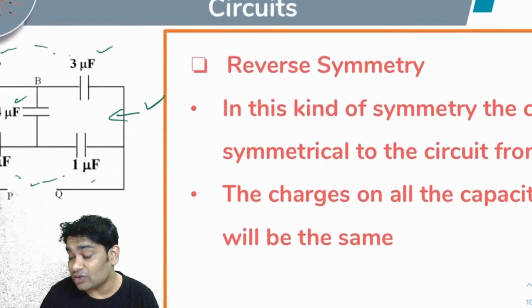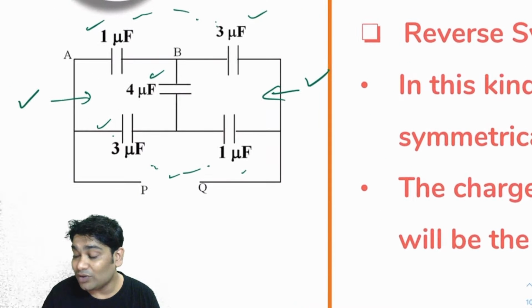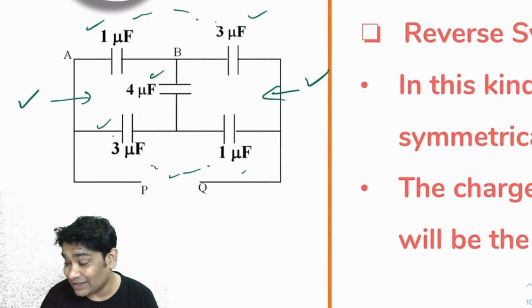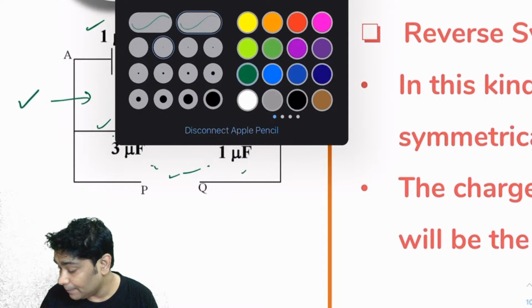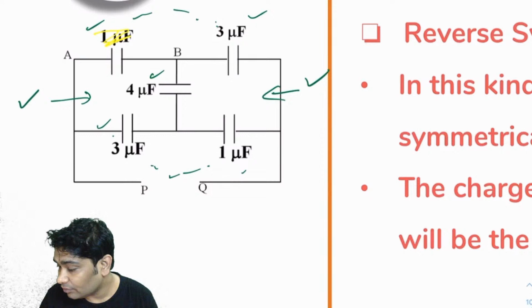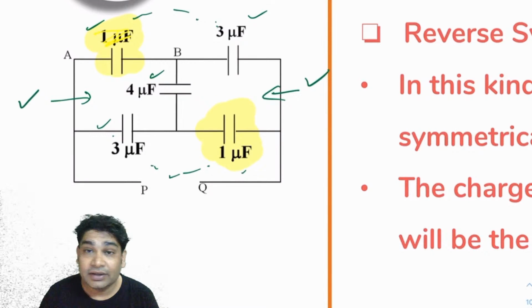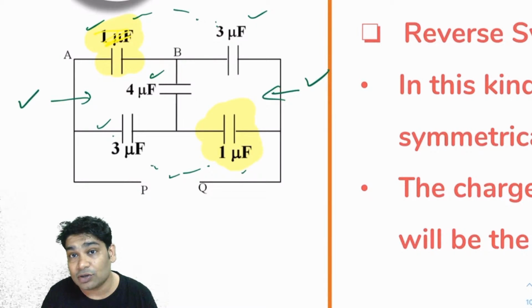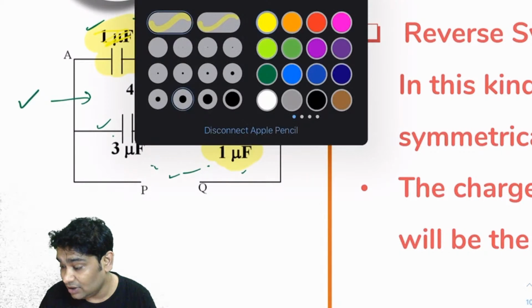So what I can conclude is which capacitors are placed symmetrically. Let's take a look. First of all, you have this capacitor, and you have this capacitor. These two are located symmetrically, so these two will have identical charges.